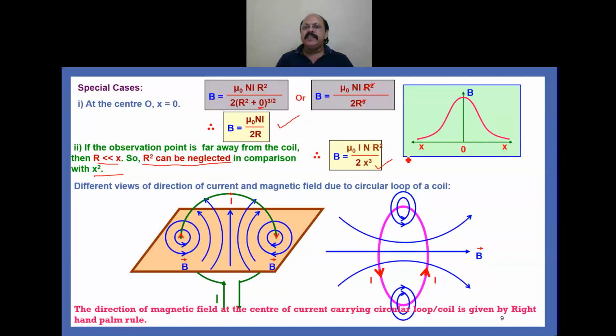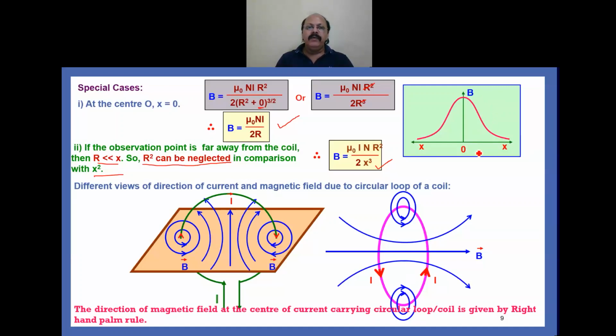As you see from this expression, B is inversely proportional to x cube. So the value of the magnetic field starts decreasing. You take the other side, here it is also decreasing. So this is the variation of magnetic field with respect to the distance from the center of the current carrying circular loop.